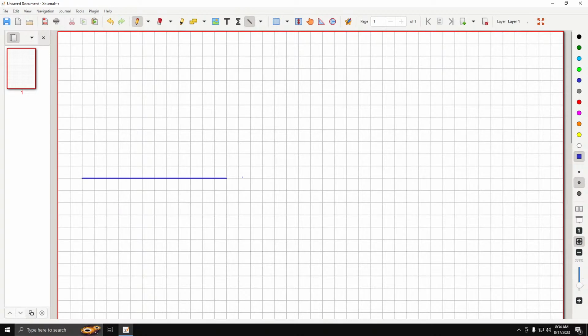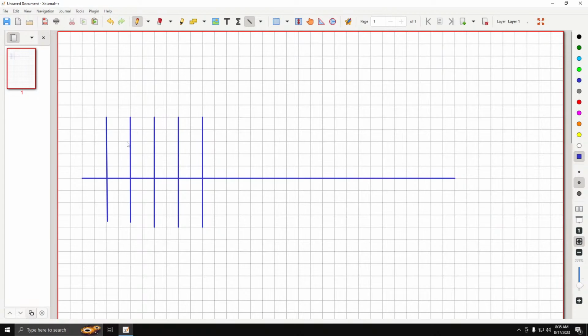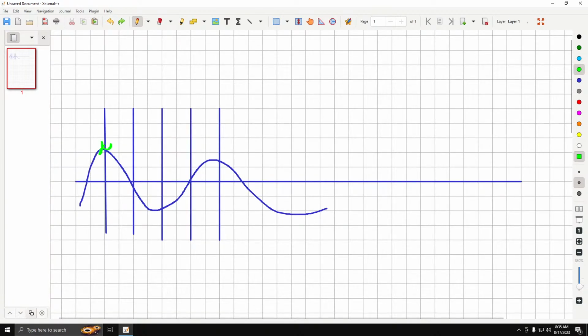Now I'm going to draw a line. So say the sample rate's like every 2 or whatever. So this is the sample rate, and it's collecting samples at these points in time.